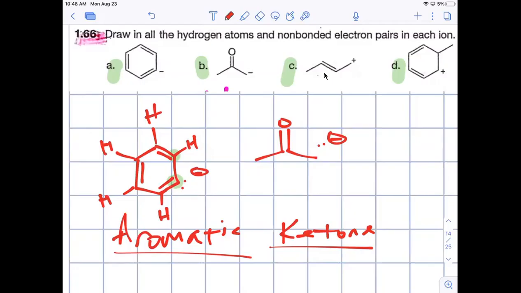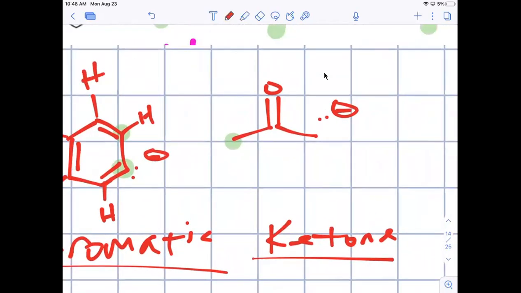All right, so how many hydrogens are on this carbon right here? It has no charge, it has no pi bonds to it. How many bonds should it have? Good. There are 3 hydrogens. It's a terminus, so it's actually a CH3.